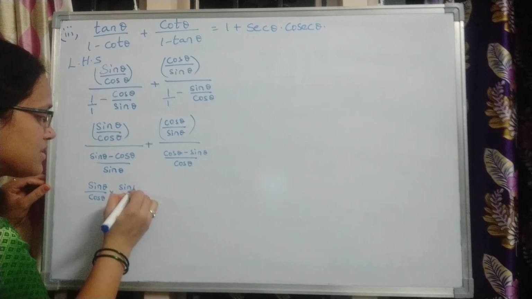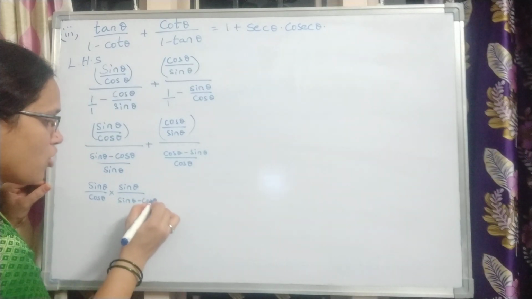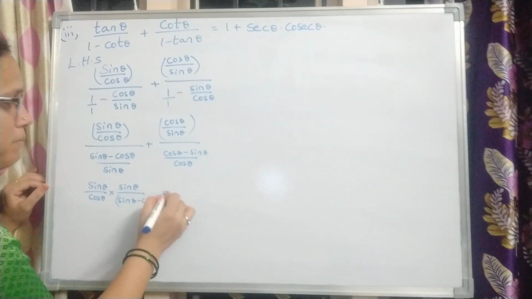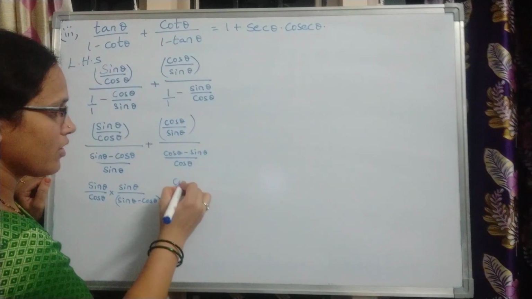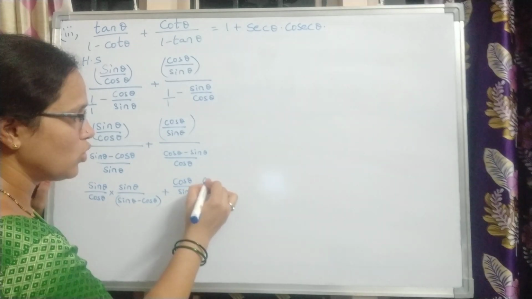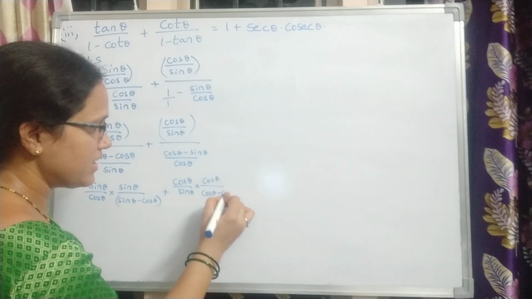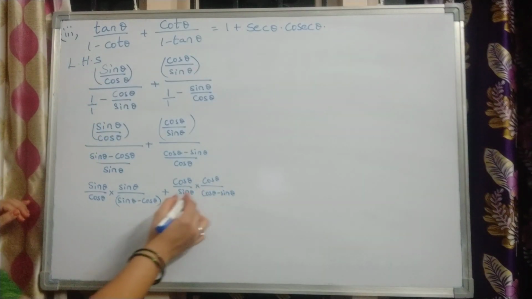That means sine theta by sine theta minus cos theta. So this is one segment. Plus, now coming to this one, cos theta by sine theta into cos theta by cos theta minus sine theta. Okay, this is one segment.